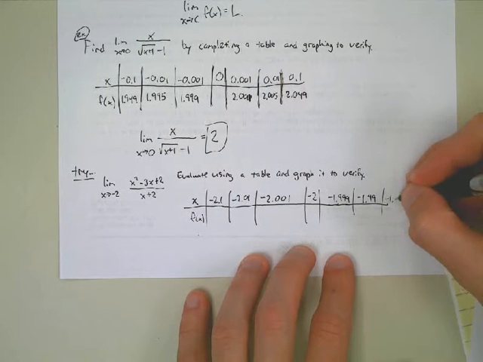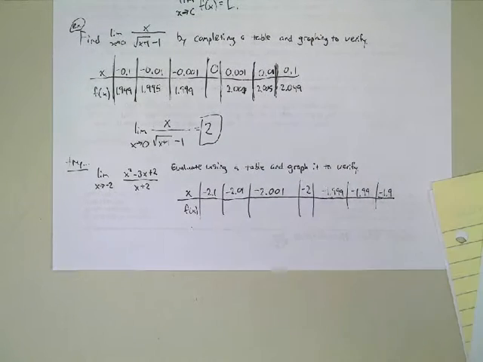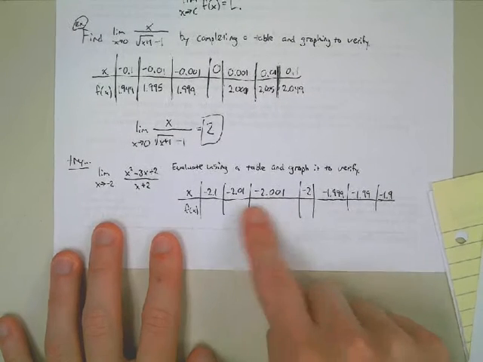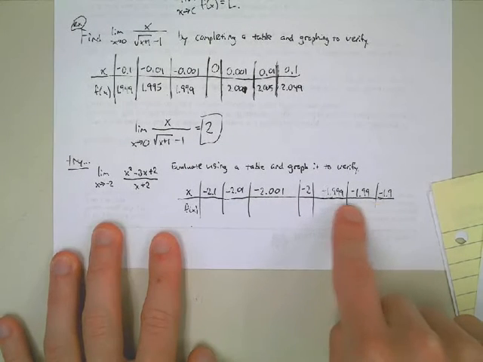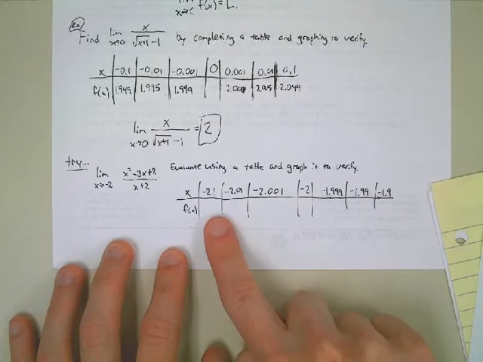I did this one on purpose because the negatives tend to mess students up. They think that the 1.9s go over here and the 2.1s go over here, and that's not true. Because of the negatives, -2.1 is actually less than -2, so that's why you have to flip the order around there.